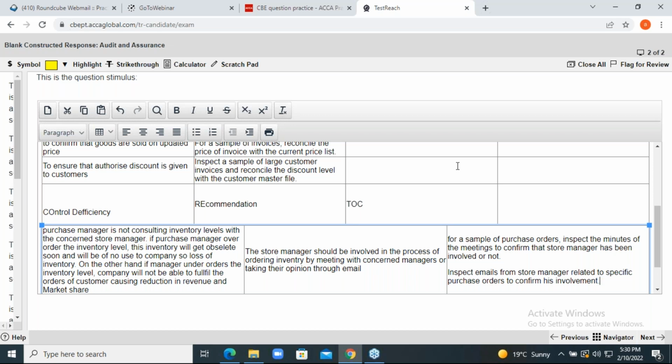So if you have recommended two things, always write two tests of control. If you have recommended one thing, then you can write one test of control. Another thing, if you have two recommendations in your mind, always prioritize. In my opinion, a student must think of two recommendations.